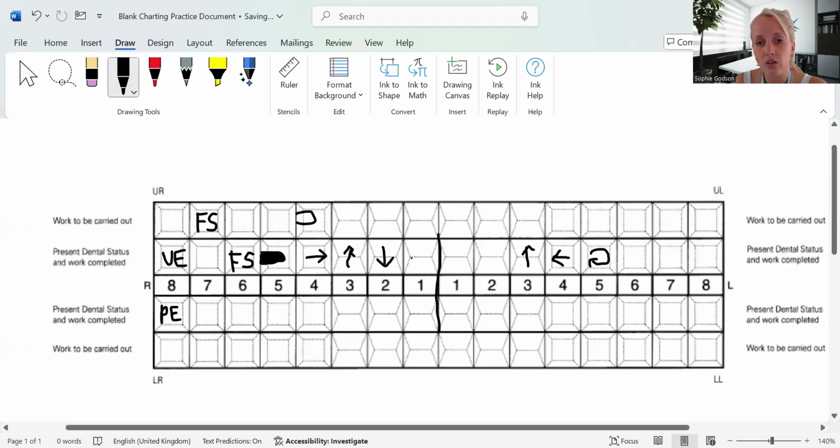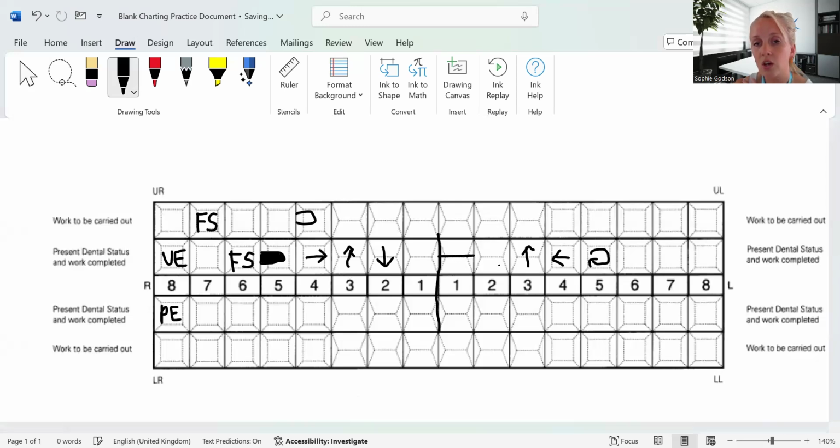Then we've got missing, recently extracted, or extracted in this course of treatment. So if the tooth is missing, you are just going to draw a horizontal line across the tooth. So say the upper left 1 and 2 are missing, so we're going to draw a straight line.